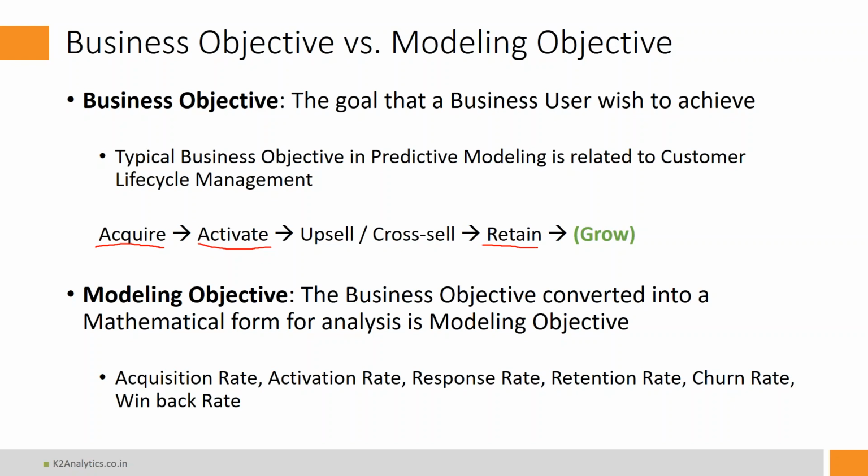Obviously he is making a statement that he wants to reduce churn, but what is churn? Churn means customer moving out of your service. What services does a telecom service provider provide? Data, voice, SMS.